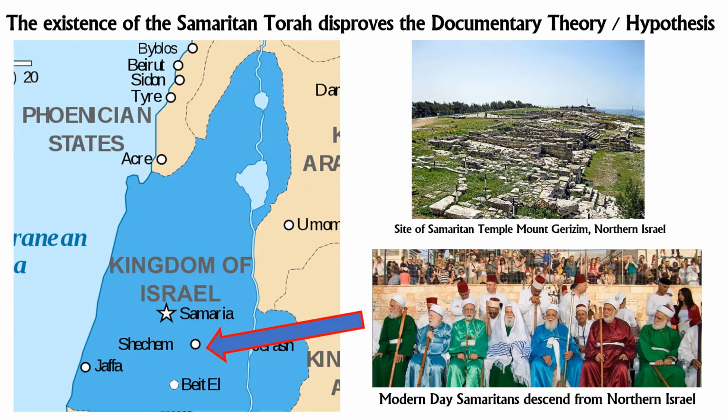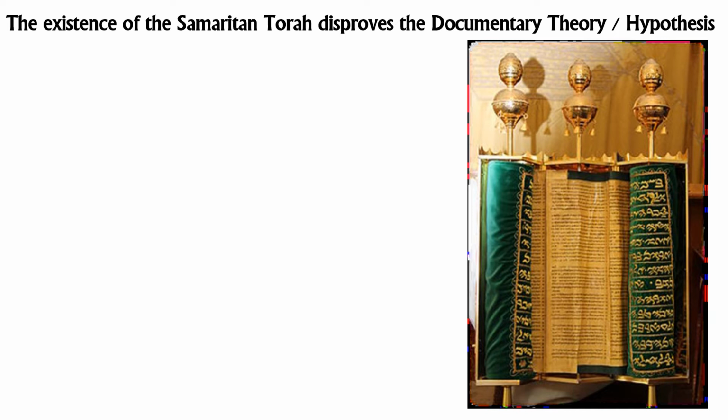Now, the thing about this is that according to this theory, they basically say that the E text would have Elohim in it, but not the name of Hashem, Yud He Wah He, so that wouldn't exist in the text.